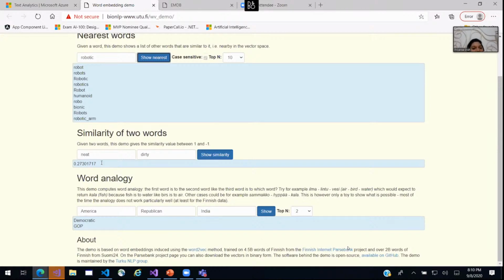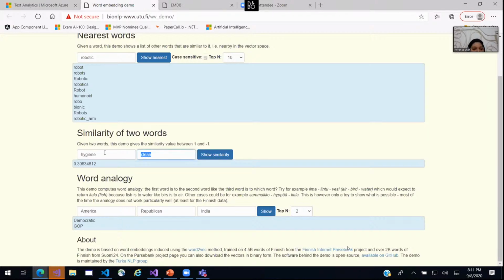For example, if I'm talking of say neat and clean, and if I show the similarity, it shows that the closeness between them is only at 29%, which is correct. They are not very semantically same. I mean they don't mean the same thing. Neat is one thing, clean is one thing. Maybe if I put hygiene here and show similarity, still it is only at 30% closeness, right?